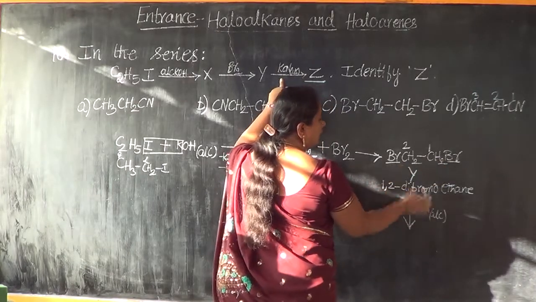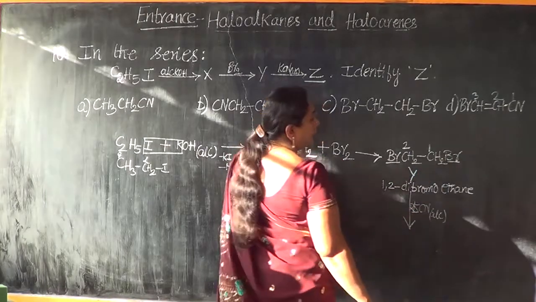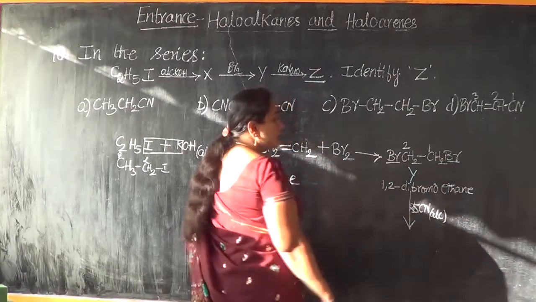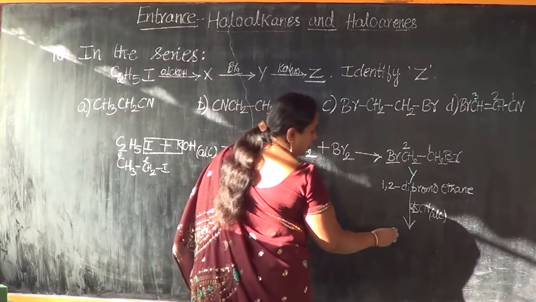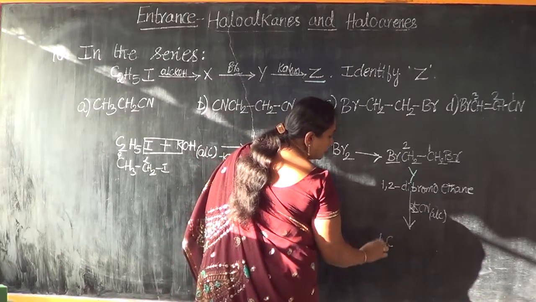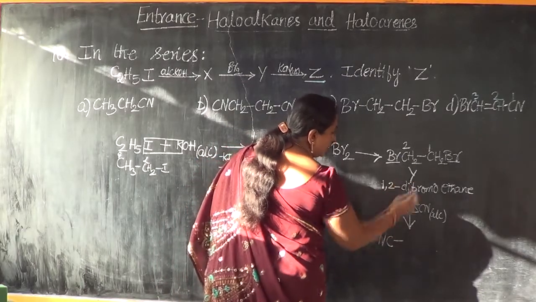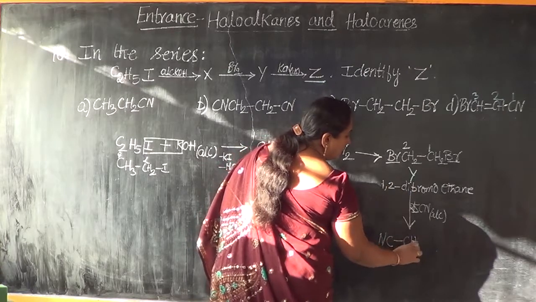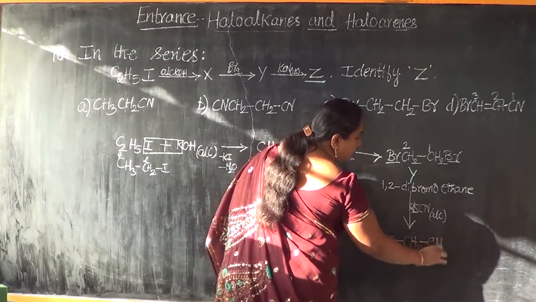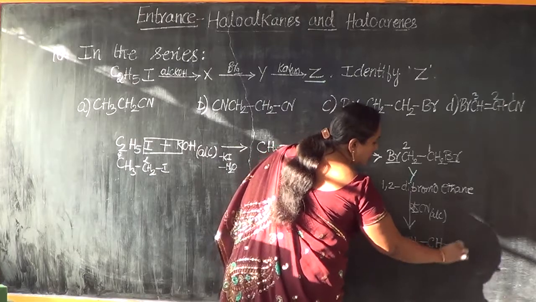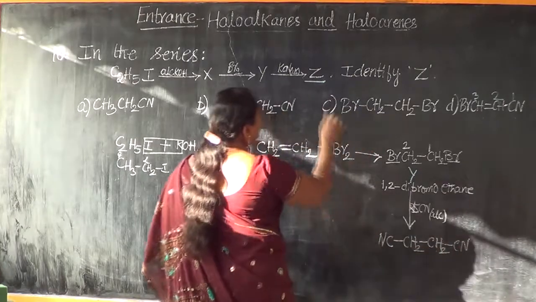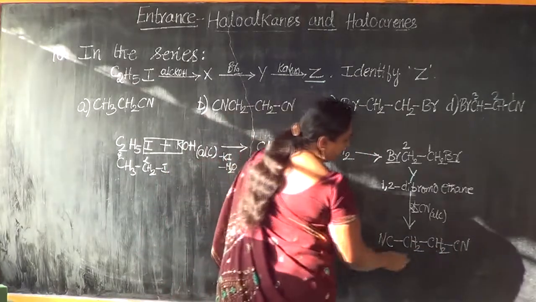Then CN will take up the place of Br. It is a nucleophilic substitution reaction. Therefore, what are we going to get? CN linked with CH2, linked with CH2, linked with CN. So this is going to be our Z.